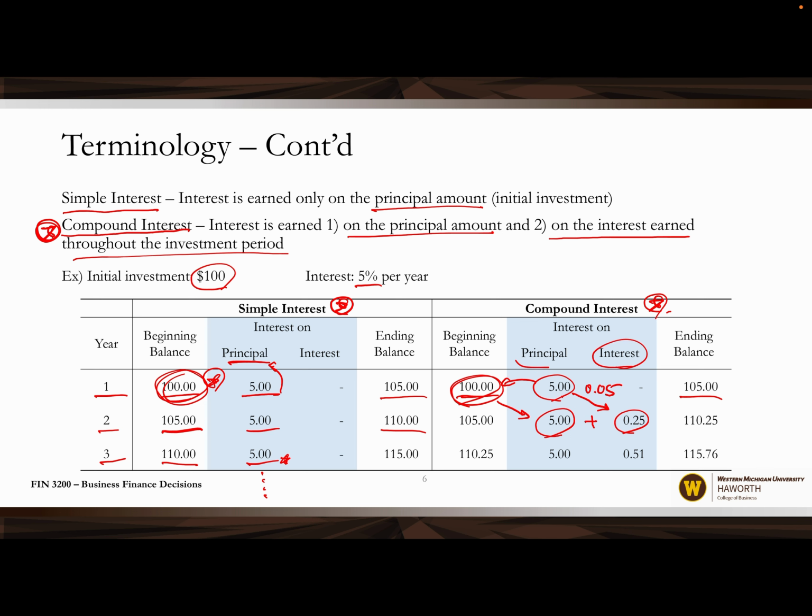So the ending balance is now a little bit greater. And in year 3, now you've accumulated 10.25 in interest so far. So you're going to earn more interest on the previously earned interest, but you're still earning $5 on your principal. As you can see, the amount will grow as time goes on under compound interest more quickly compared to simple interest. So here we're assuming compound interest for the remainder of the course.